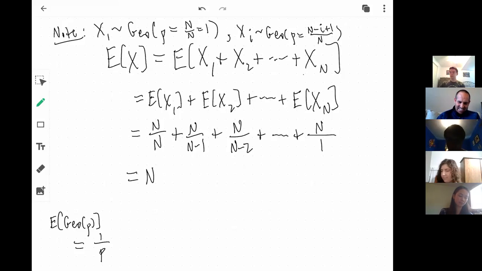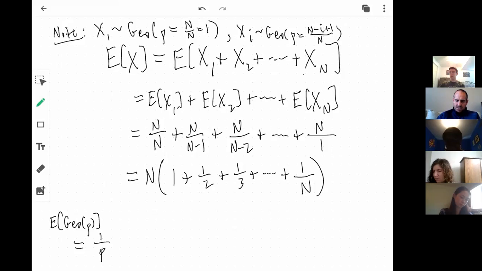N. And if I factor out n, I see that what's left is it's just going to be 1 plus 1 over 2 plus 1 over 3, right? I'll write it in the opposite order. This is just 1 plus a half plus a third plus ... plus 1 over n. Okay? That's really interesting.